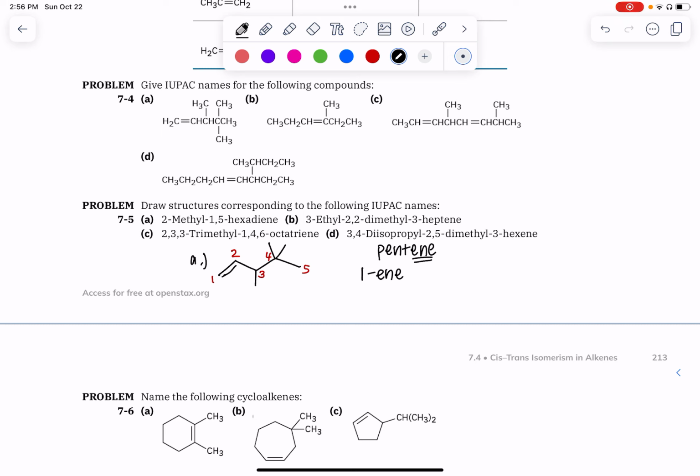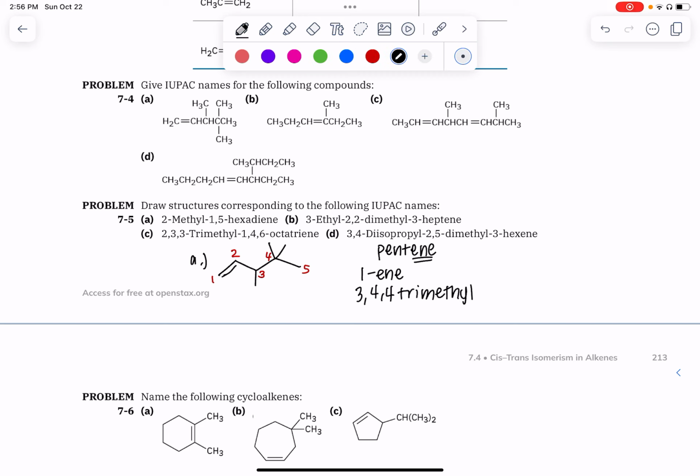This is how I name things. And we've got a 3, and we've got 4, 4 trimethyl. So we can put all this together. Make sure I didn't forget anything. Let's write the name down.